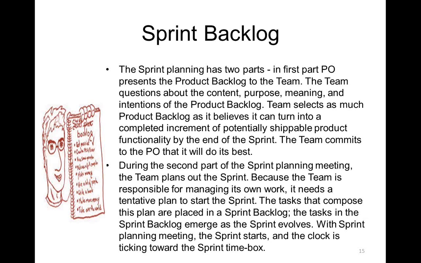I specifically mentioned that he's not a manager. He's friend, philosopher, and guide. He's there to facilitate the team's work. He's there to remove the impediments, but he cannot order, he cannot direct, he cannot manage the team, because the team has to be self-managing. The team has to decide for itself what exactly they want to do and how they want to deliver it.